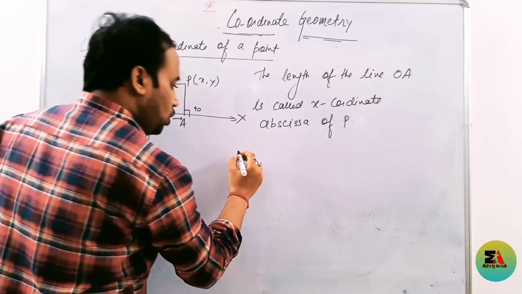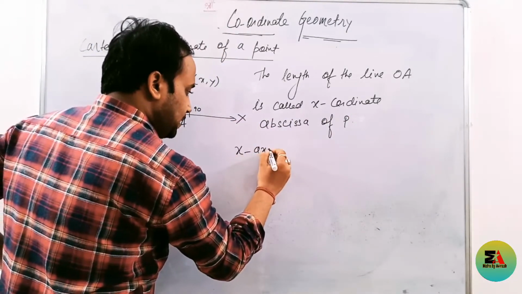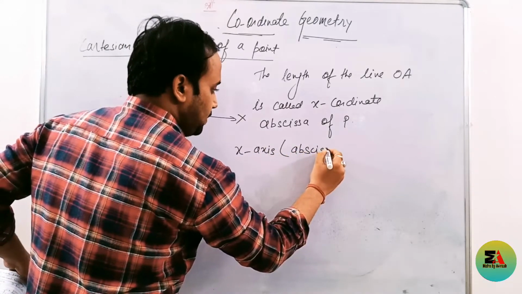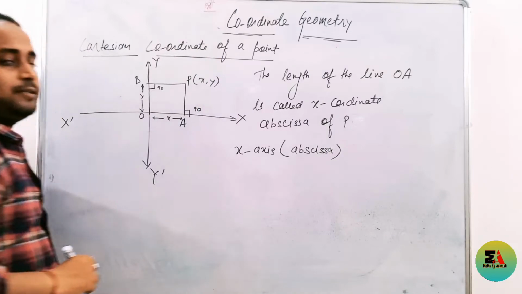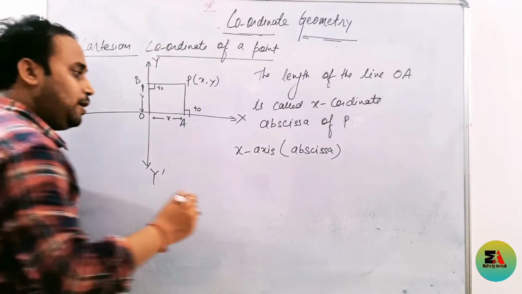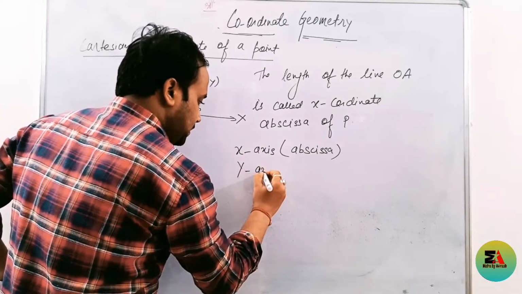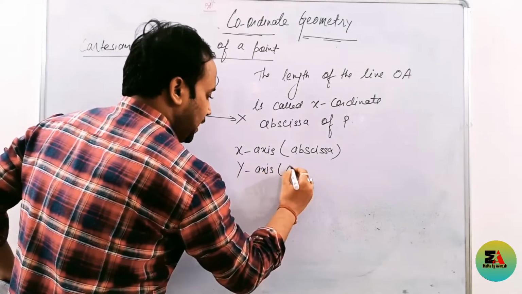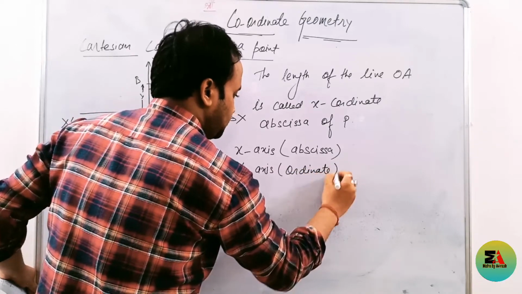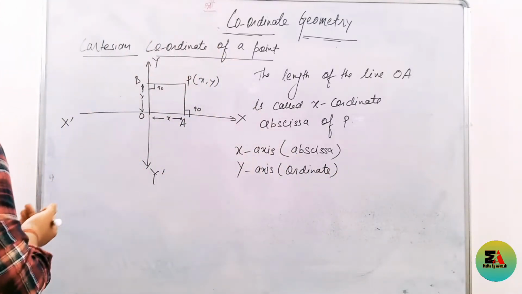Always remember, the x value is also known as the abscissa. If a question says you have to find the abscissa and ordinate, always remember the y value is known as the ordinate.